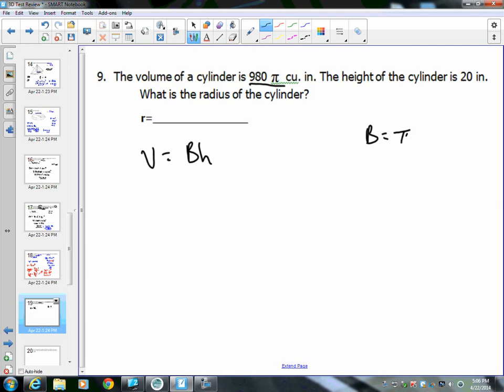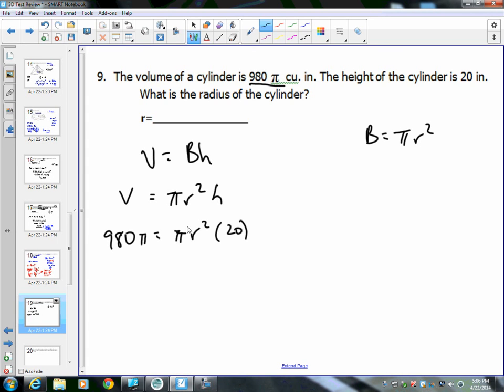Area of a circle is pi r squared. So this is our base, pi r squared times the height. But again, we already know what volume is, so we're going to plug this in, 980 pi. We know what the height is. The height is 20. We're looking for the radius.